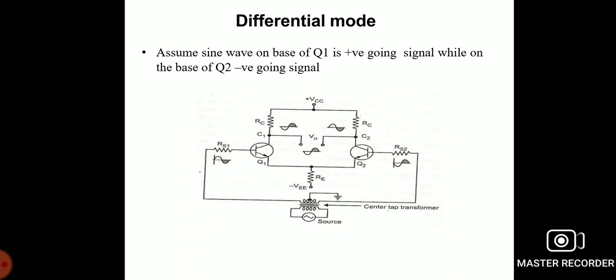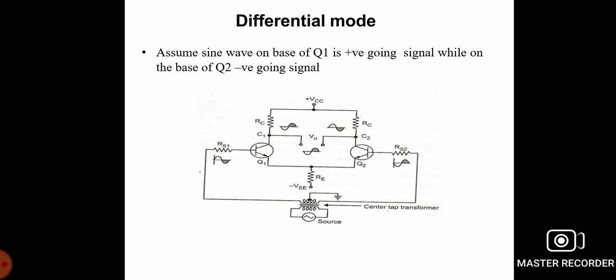Now the signal voltages across RE due to Q1 and Q2 are equal in magnitude and 180 degrees out of phase. Because the transistors are matched, the two signals cancel each other, and there is no signal across the emitter resistance. So no AC signal flows through it. So the output voltage is proportional to the difference of the two inputs, that is, the output is the differential voltage of the input signals.